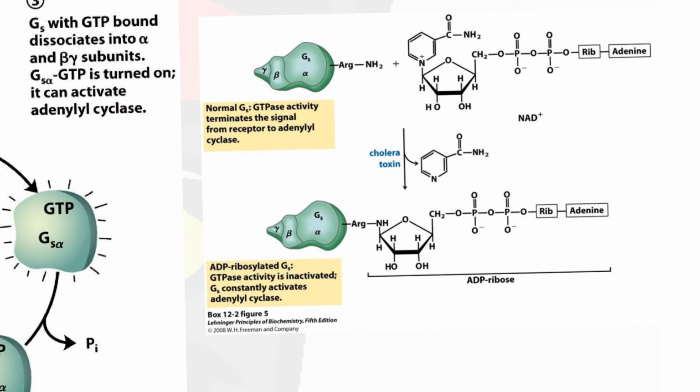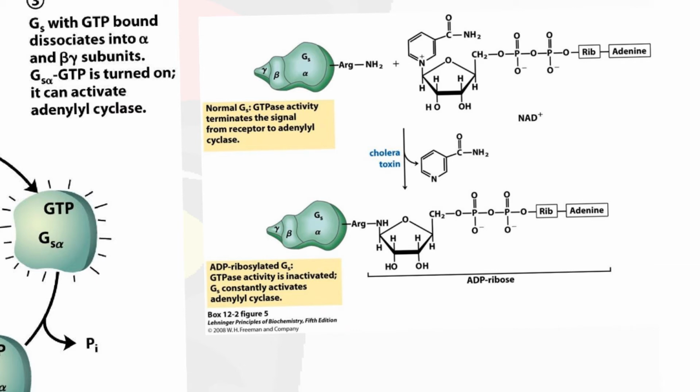Once it gets hydrolyzed by its own GTPase activity, it's going to be able to leave, and the adenylyl cyclase is no longer turned on. What cholera does is the cholera toxin modifies it by adding, on an important arginine, an ADP ribose subunit from NAD. Once it's ribosylated, it's constantly turned on for the adenylyl cyclase.